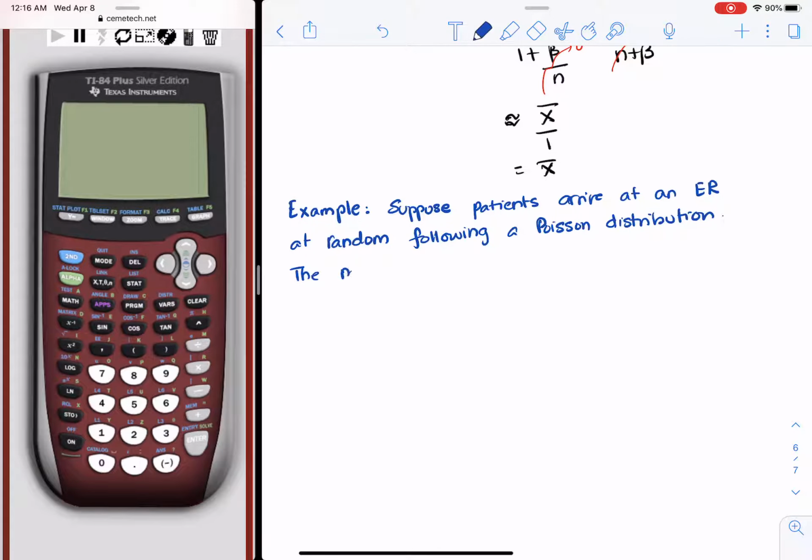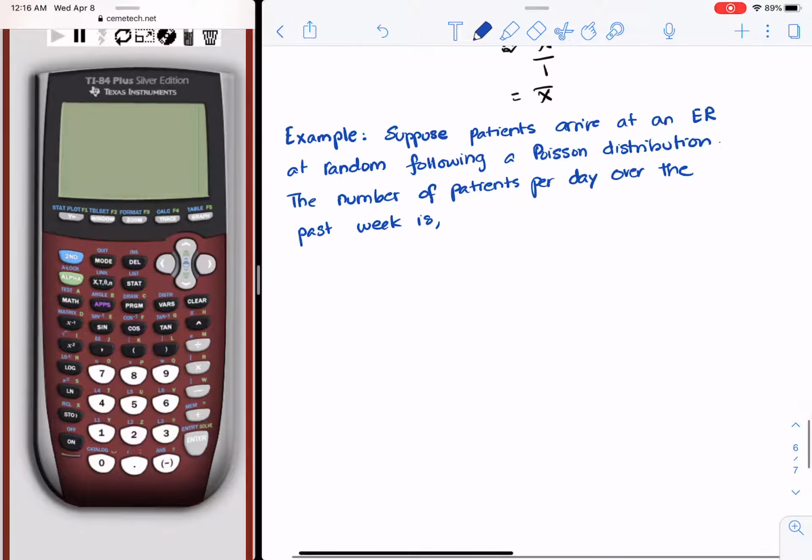So the number of patients per day over the past week is shown below, and this is what we have.